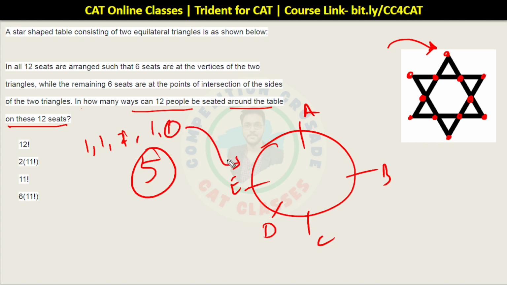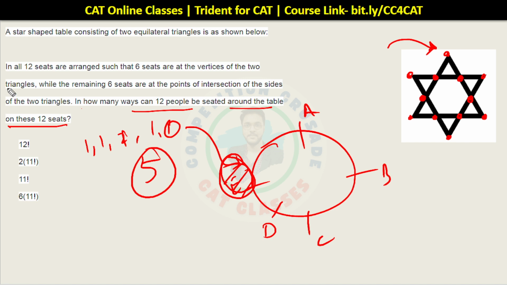The first person comes in. He basically sees everything as one. So he has only one way of sitting. Okay, wherever he sits, that is his position. He has no choice. Any seat that he picks is going to be unique. But the moment he chooses his seat, then all the 4 other seats will not be unique in that sense. Okay.